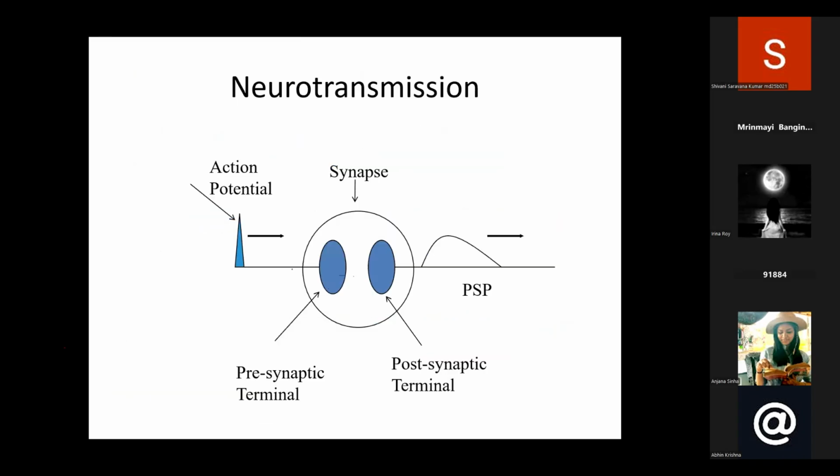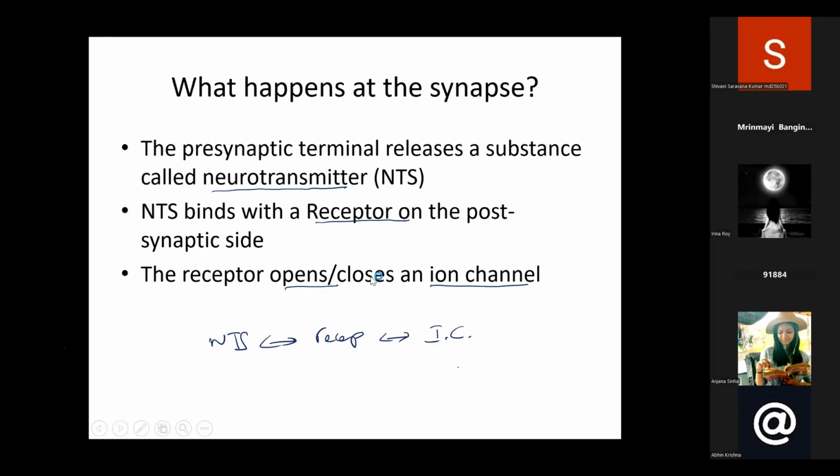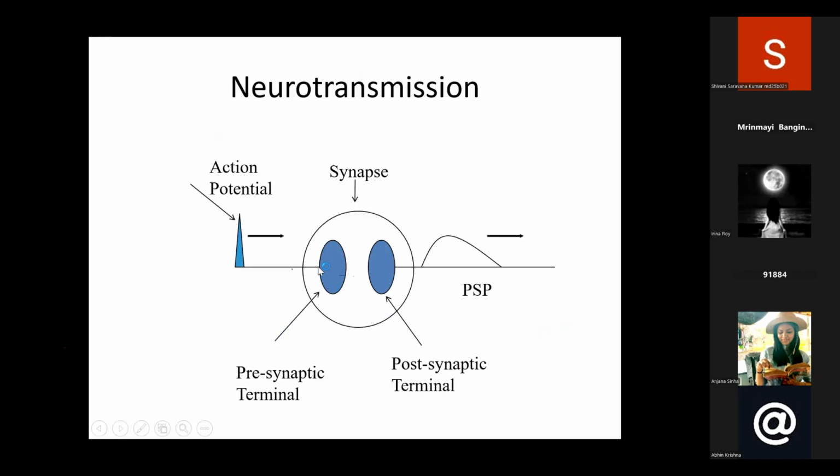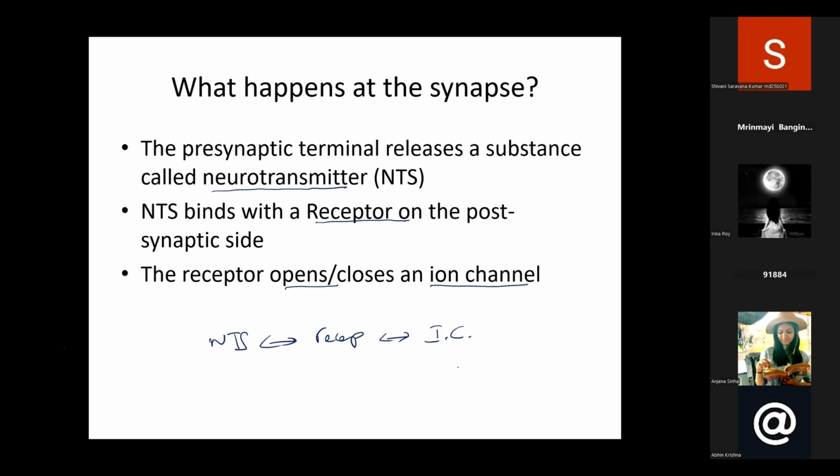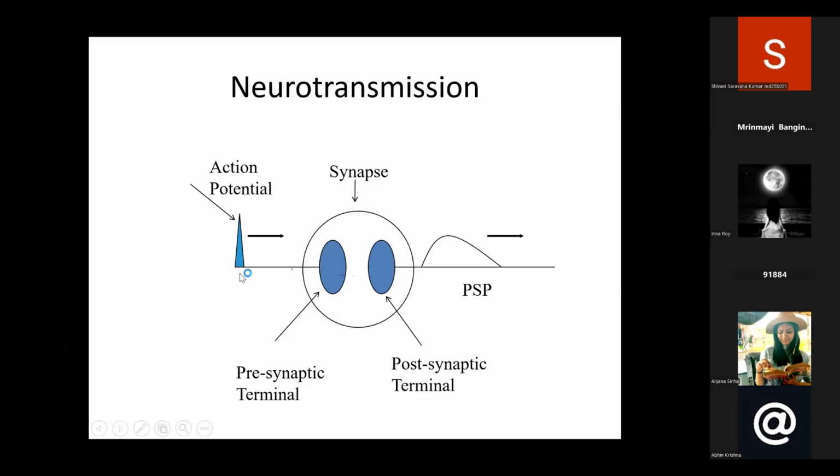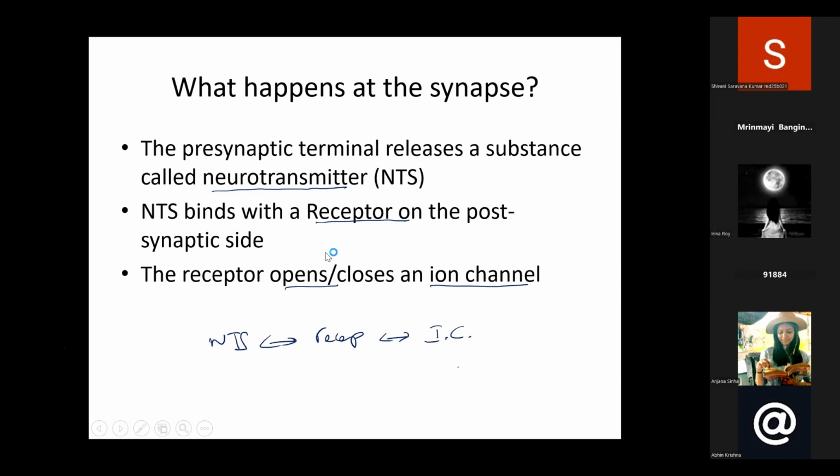And then when you come to neurotransmission, we have seen that there is chemical neurotransmission. In this process of chemical signaling, there are three major molecular players. First, when the AP comes to the presynaptic terminal, it causes release of a chemical called a neurotransmitter.